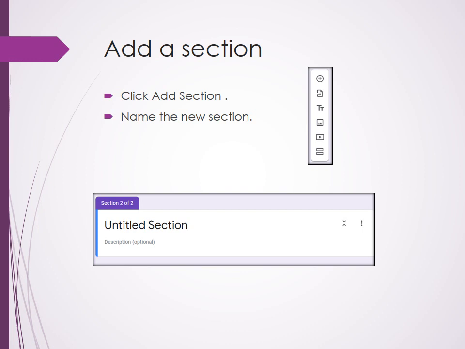Because of that, you may create a hierarchical or specific form depending on the respondent. For example, you may have different questions for the UG student and different questions for the PG student, or a set of questions. So for a particular choice, UG or PG, you may move to different sections. So we will click here and you will get a section added.